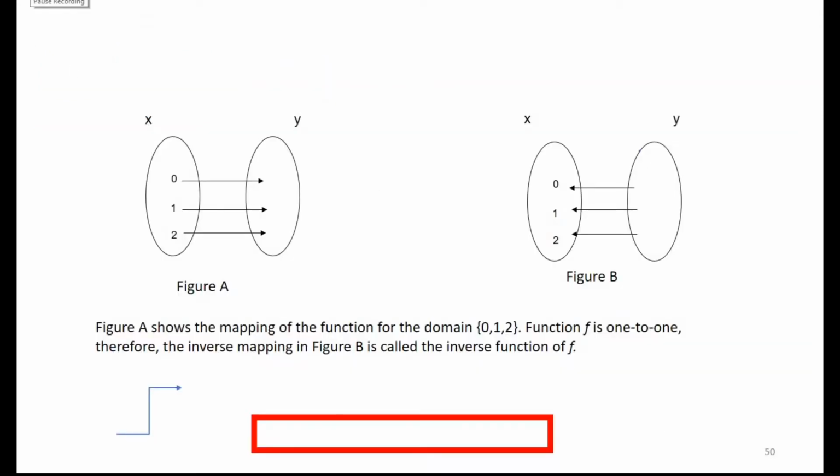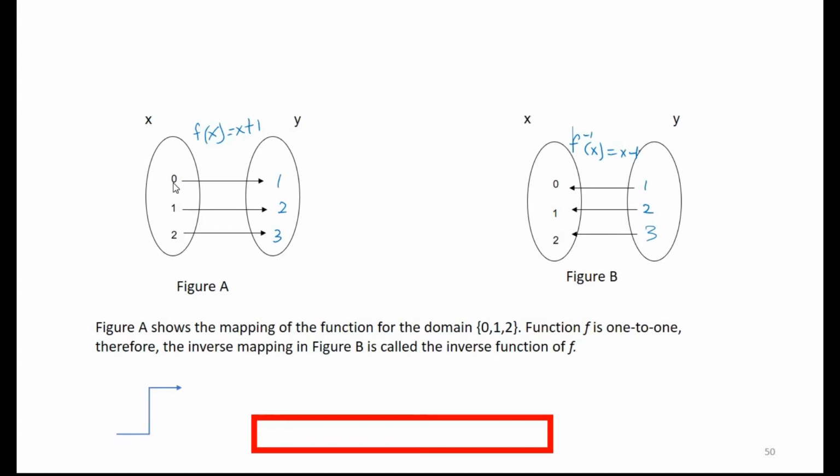Let's say figure A shows the mapping of a function for the domain 0, 1, 2. And function f is a 1-to-1 function, so therefore the inverse mapping in figure B is called the inverse of f. So let's say f of x is x plus 1.